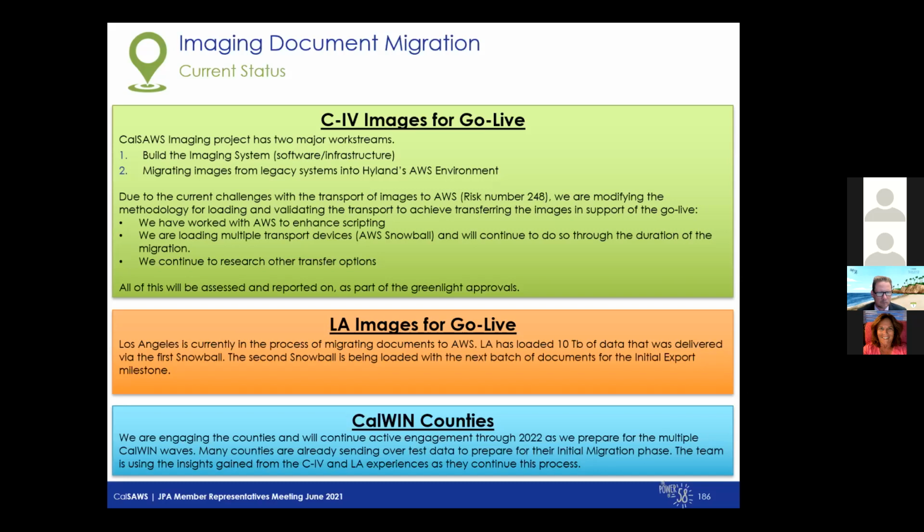As we continue to learn with the C4 document migration and the LA document migration, the Cowan counties are getting the benefit of those lessons learned as we work with them to get their documents over. We have some counties that are already doing test data and we're testing connections. So we're really excited and moving forward and getting all the images over and ready for everybody's go lives.